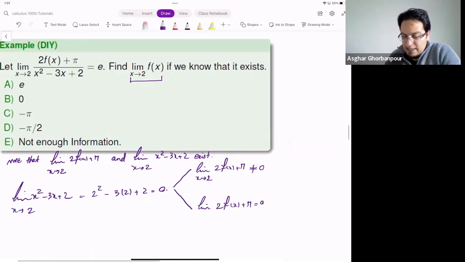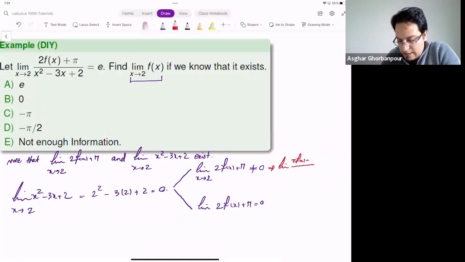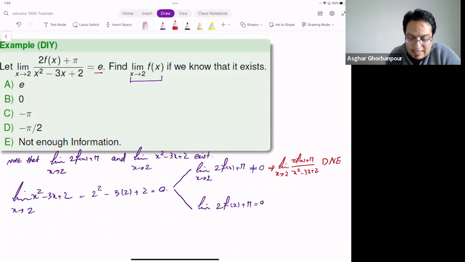But look, if the limit of the numerator is not 0, then since the limit of the numerator is non-zero and the limit of the denominator is 0, the limit of the whole function won't exist. But we know that the limit exists and it's equal to the number e. So this could not be the case.